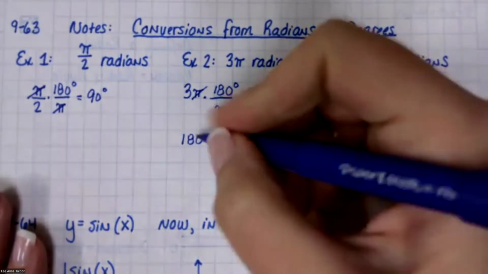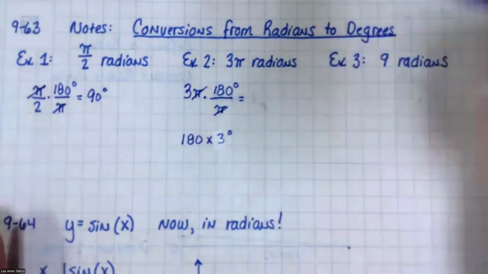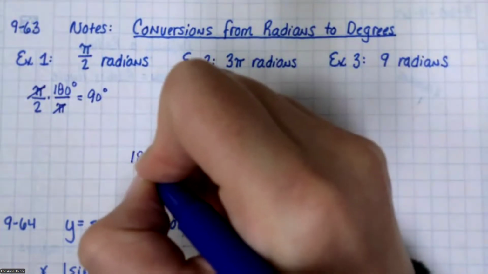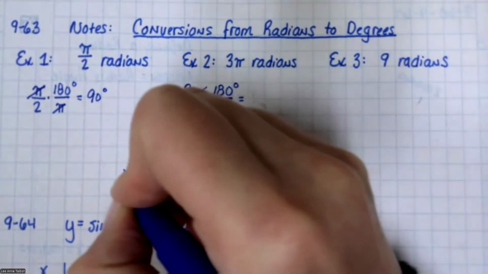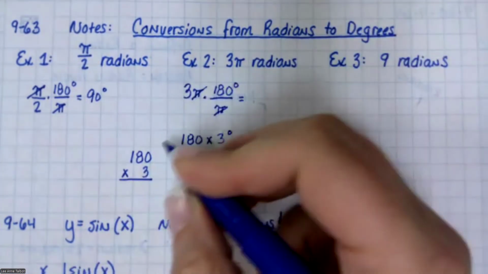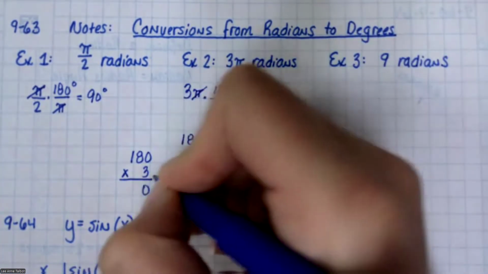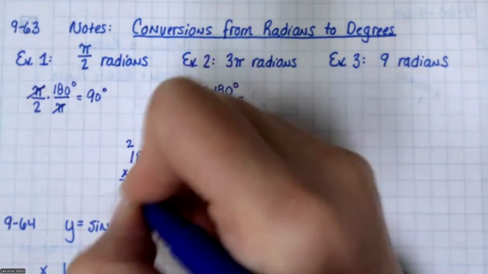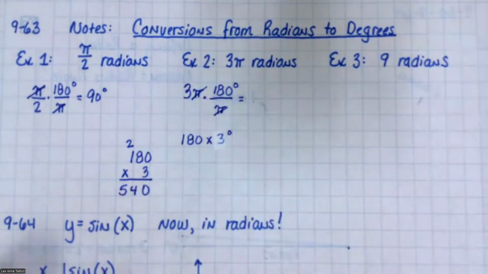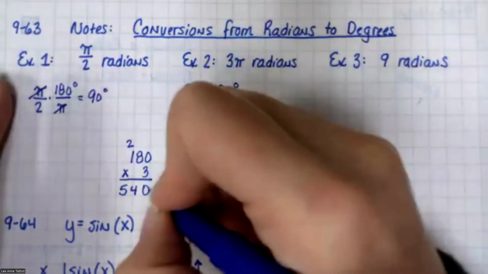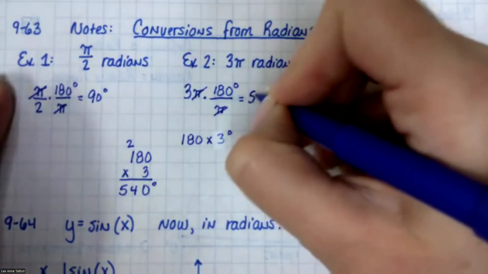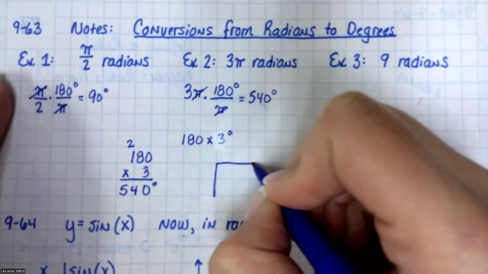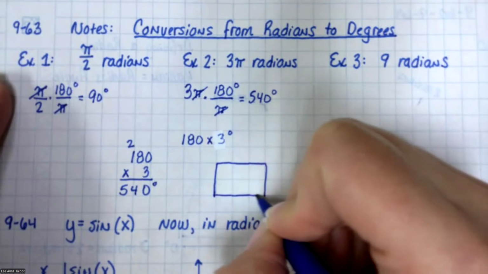And carry it. Yeah. Okay, I like it. So some of you guys would do it like this. 0 times 3 is 0. 8 times 3 is 24. 3 times 1 is 3, plus 2 is 5. Okay. Some of my students last year told me they learned it like this.